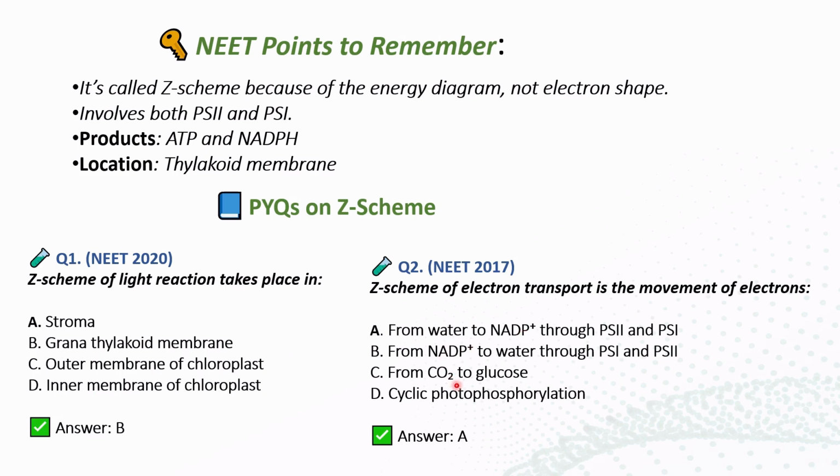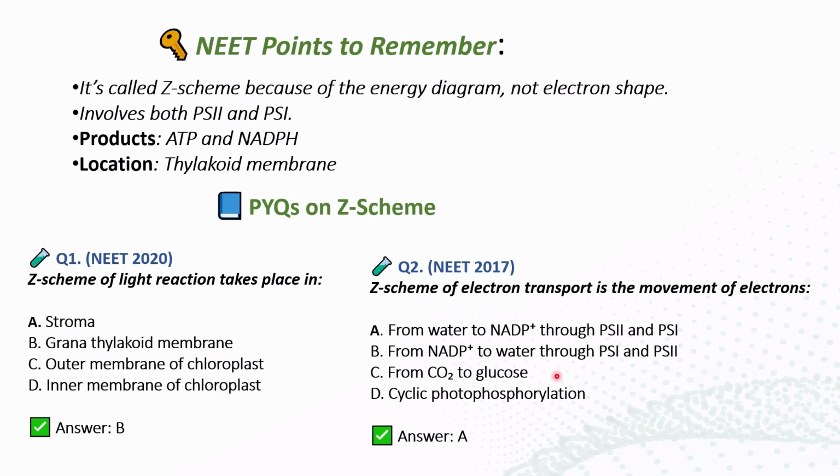They have given certain options. The first option is from water to NADP plus through PS2 to PS1. You can consider this one also. Another option was from NADP plus to water through PS1 to PS2. Another option is CO2 to glucose, and the last one is cyclic photophosphorylation.